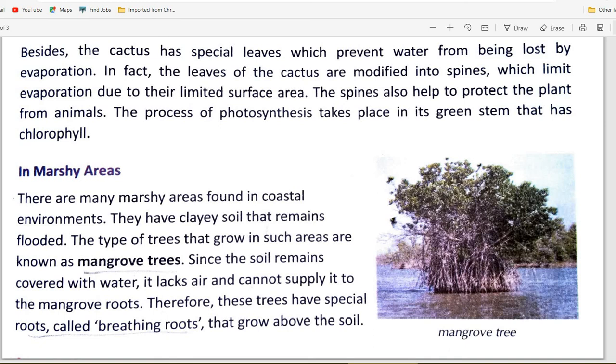These are all terrestrial, means on the land. The plants that grow on land are called terrestrial plants, and land is also of different types: hills, desert, marshy area, plains, and hot and damp places. So these are terrestrial plants which we know about.